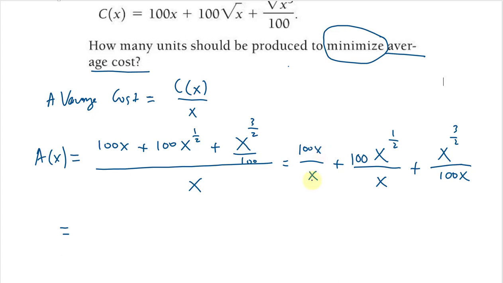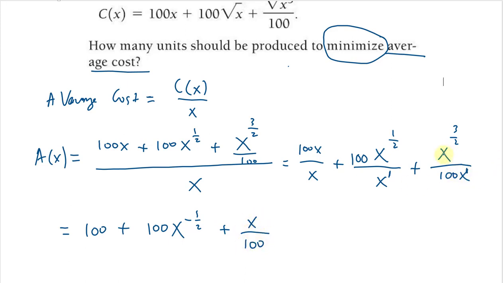Now the x here cancels out, so you have 100 for the first term plus 100 for the second term. Now we have the same base x, so we take the subtraction of the two exponents. This is the first power, so 1/2 minus 1 gives me minus 1/2. And again, this is 1, and you have x over 100.